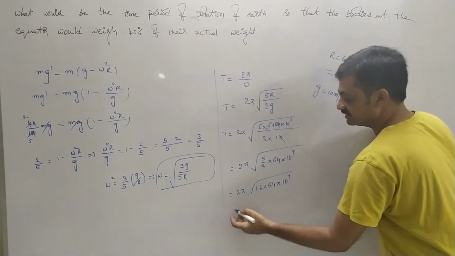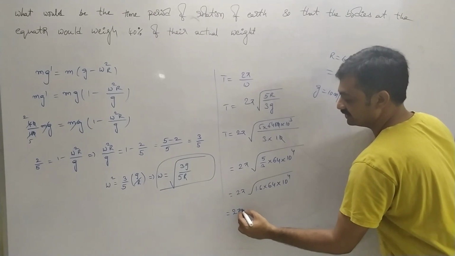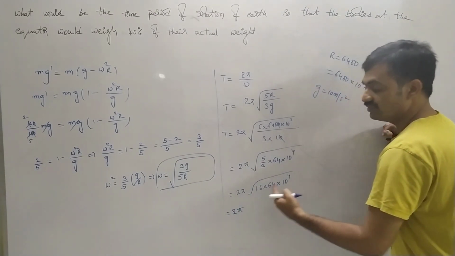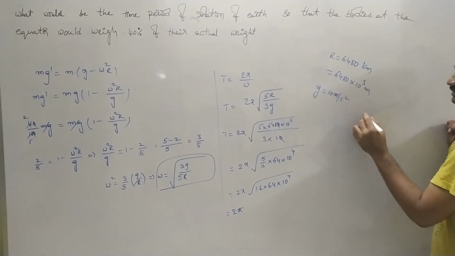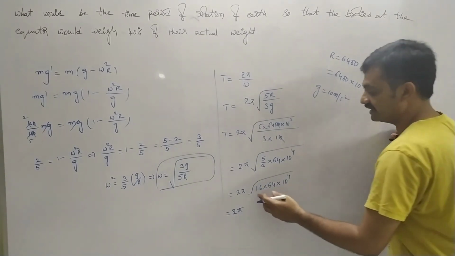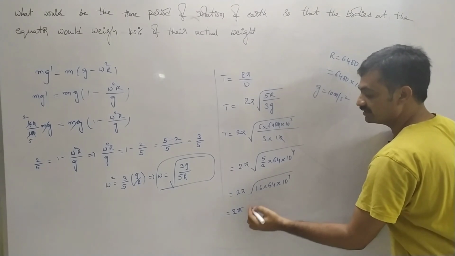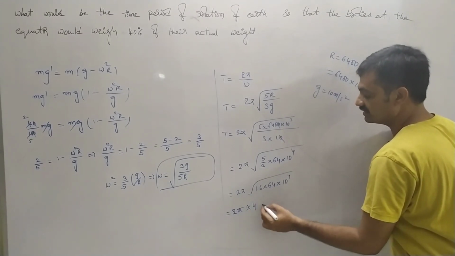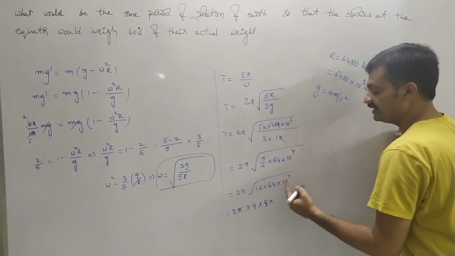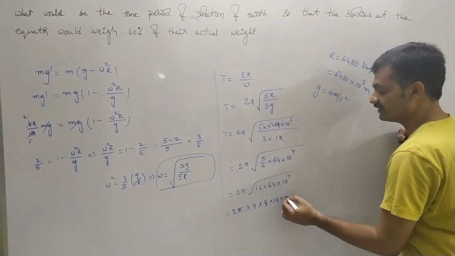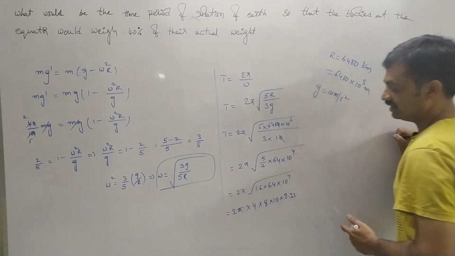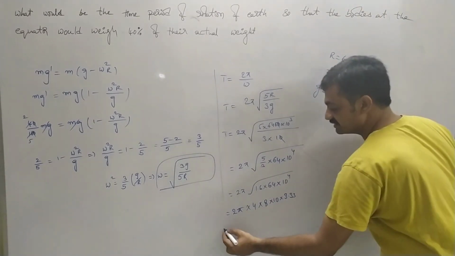So 2 pi into 1.6, if we multiply by 10, we get 16. Under root of 16 is 4, under root of 64 is 8, and under root of 10 square is 10, and we still have under root of 10 remaining. Under root of 10 is nothing but 3.33. Now we know the value of pi is 3.14.